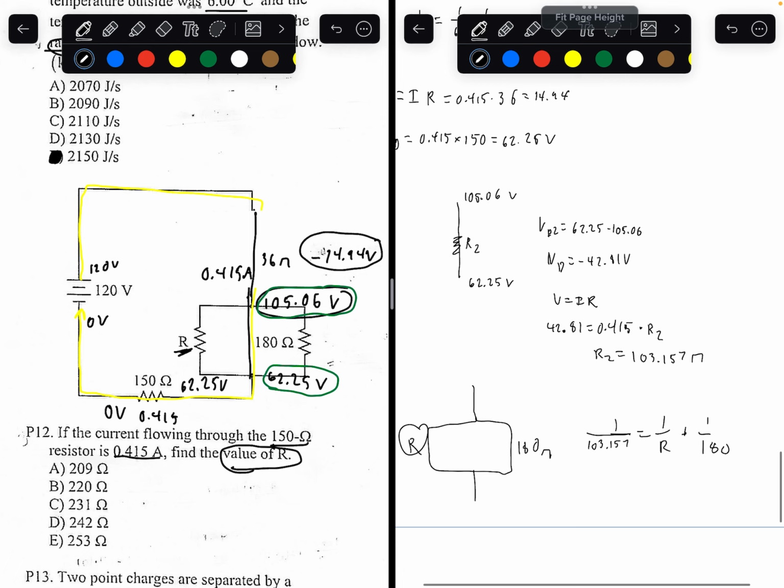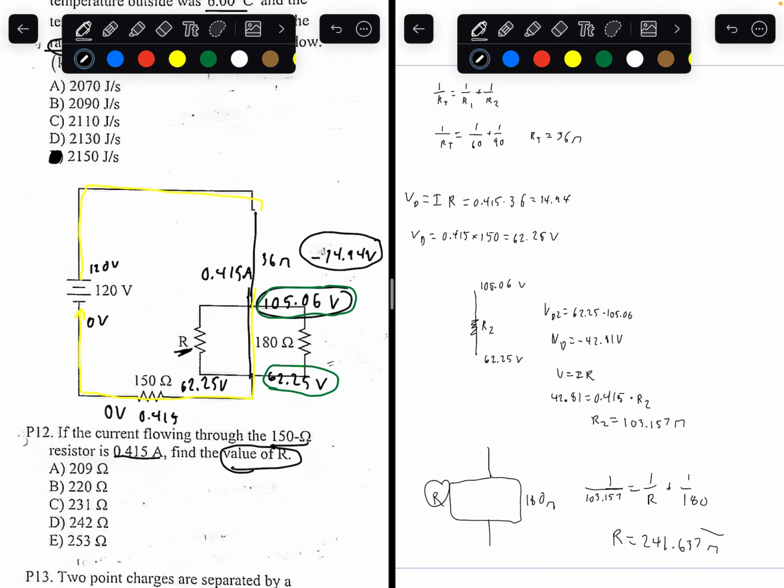And solving for R, plugging everything into a calculator, you would get R equals 241.637 ohms. So the answer to this question rounds up to 242 ohms. So the answer to number 12 is going to be D.